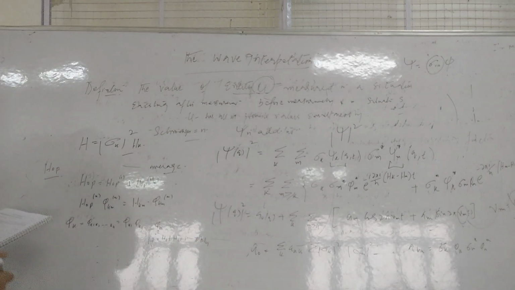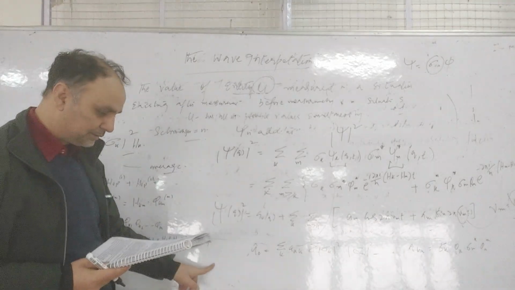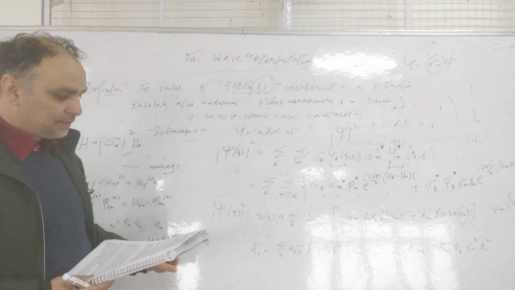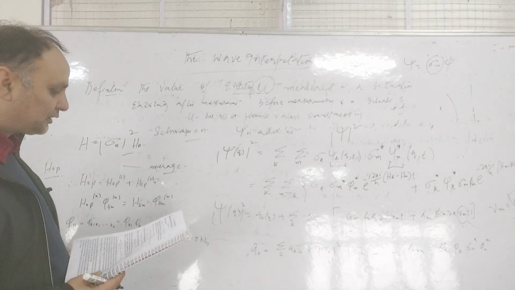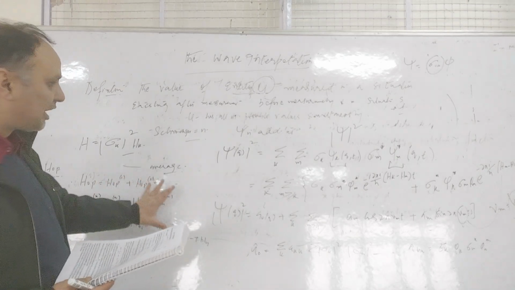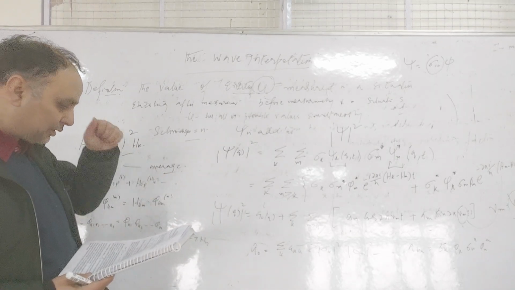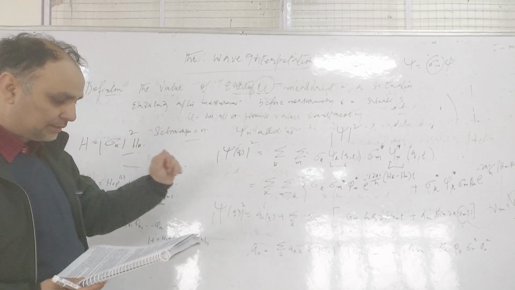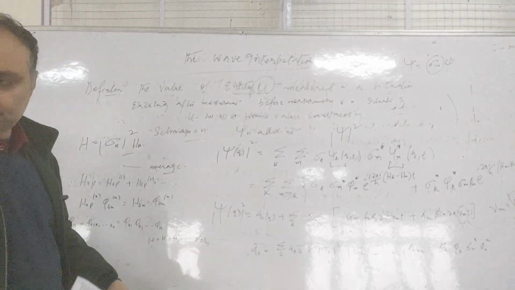This is the total Hamiltonian, but these can be individual Hamiltonians. So you can see H operator operating on this phi function will give these states.